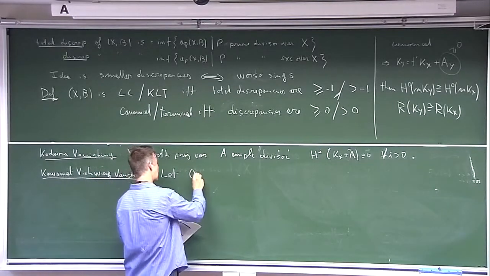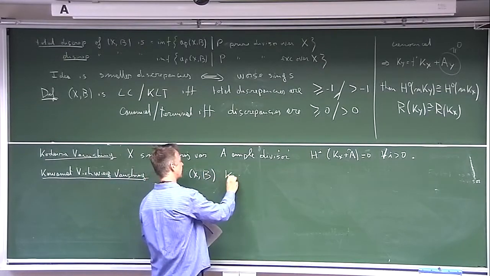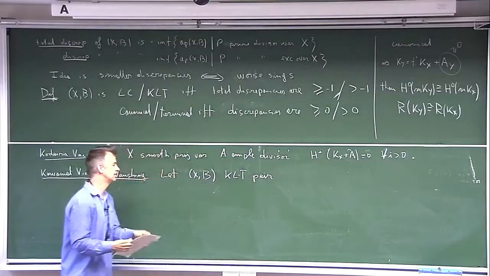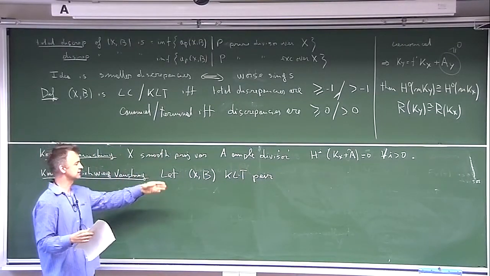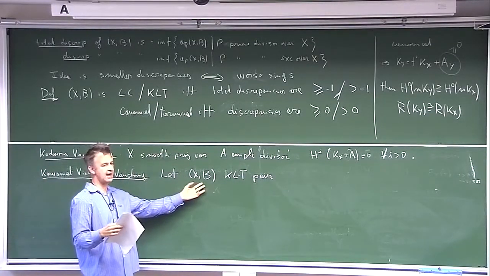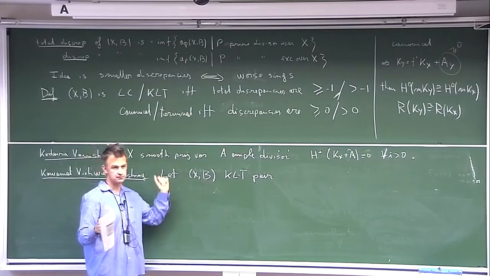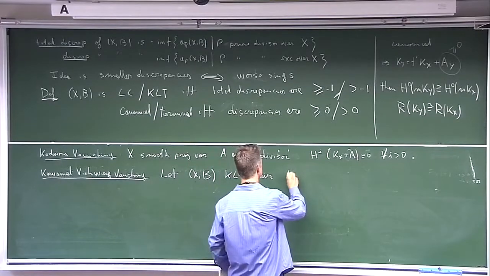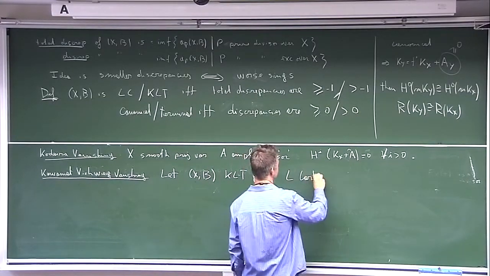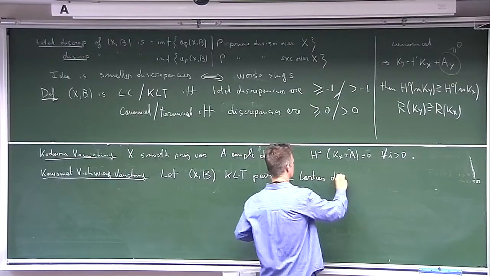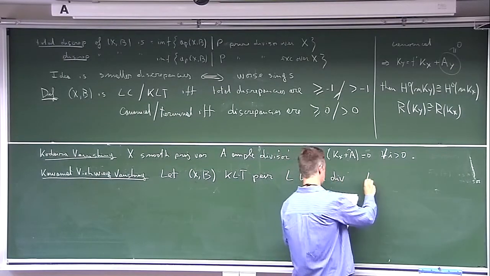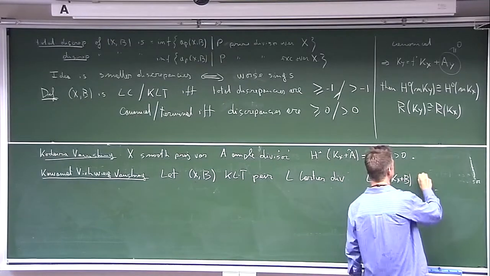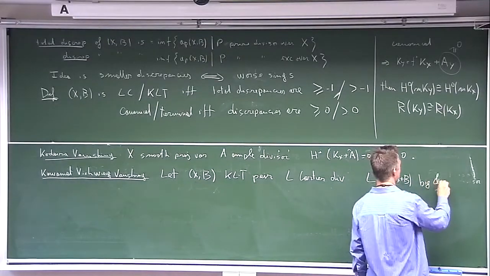So assume that we have some Kawamata log terminal pair. If you didn't like what we did so far, you can just assume that this is a simple normal crossing pair, and the coefficients are strictly less than 1. You can make that assumption. You won't lose much at all. And let's assume that L is a Cartier divisor. Think of it as a line bundle. And let's assume that L minus (K_X plus B) is big and nef.